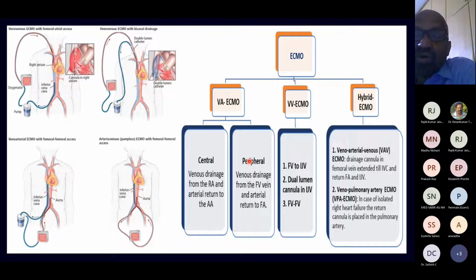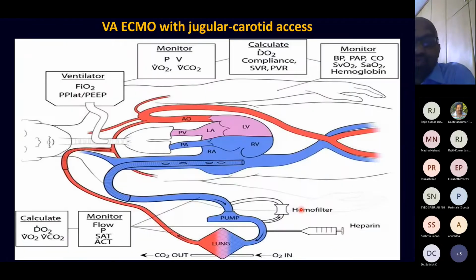Veno-venous ECMO is a technique used to support patients who have respiratory failure. Again, there are three options available as far as cannulation is concerned, which I'll be dealing with in the next few slides.